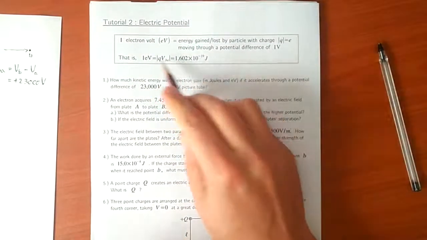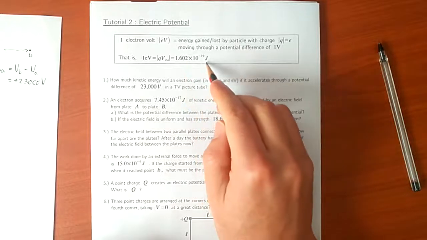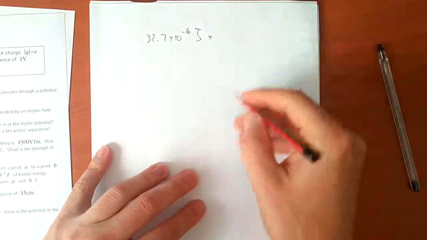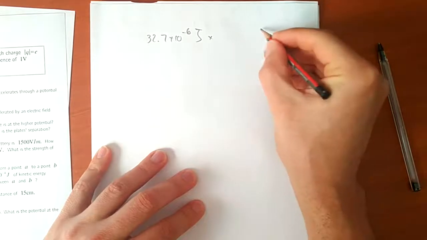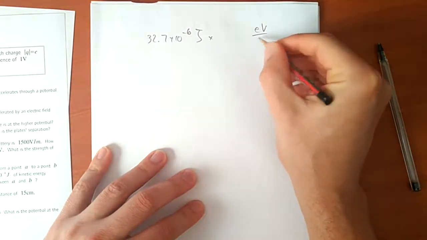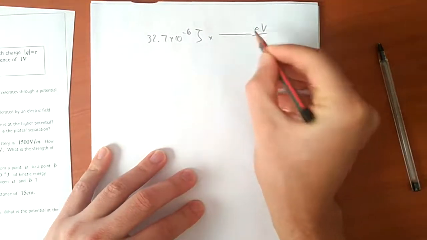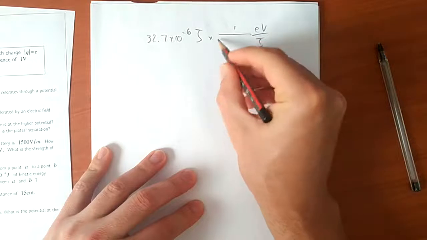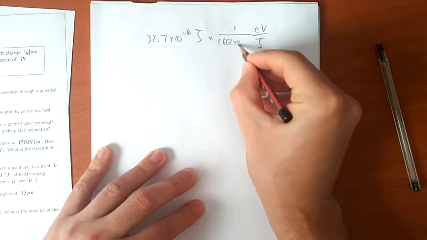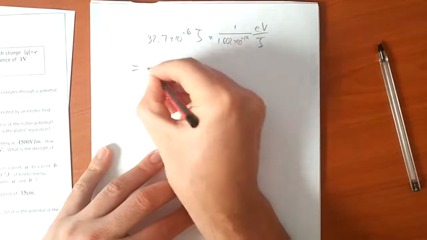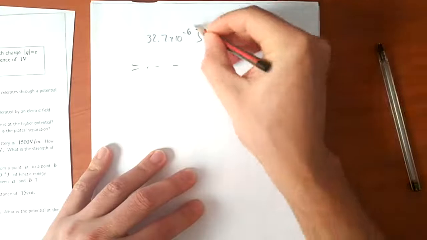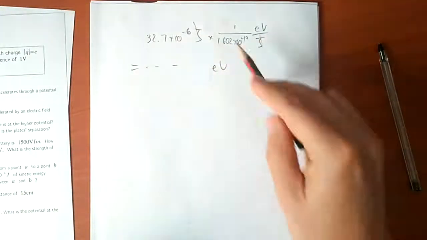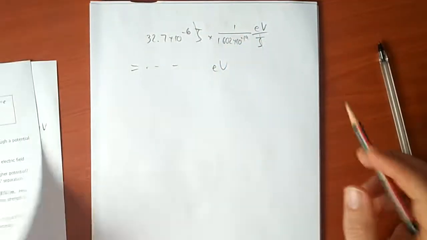You know that 1 electron volt is this many joules. So you say, if I want to convert this to electron volts, I have to multiply by electron volts over joules. So 1 electron volt is 1.602 times 10 to the minus 19 joules, and calculate that to get your answer in electron volts. So this is one way, just straight up using the conversion factor.